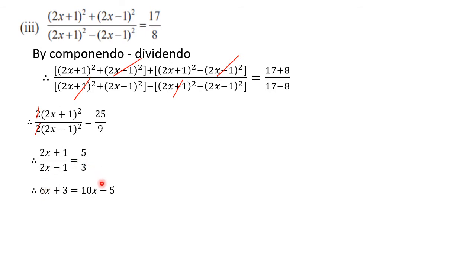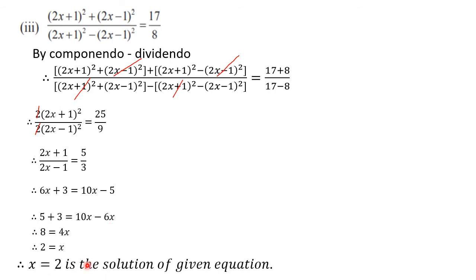So you will get 10x minus 6x is equal to 3 plus 5. And then here the addition is 8, and here 10x minus 6x is 4x. So 4x is equal to 8, and therefore x is equal to 2. And therefore we can say that x is equal to 2 is the solution of the given equation.